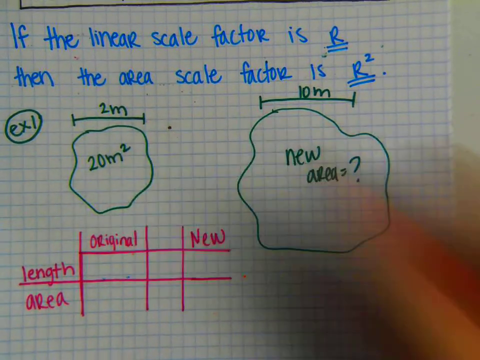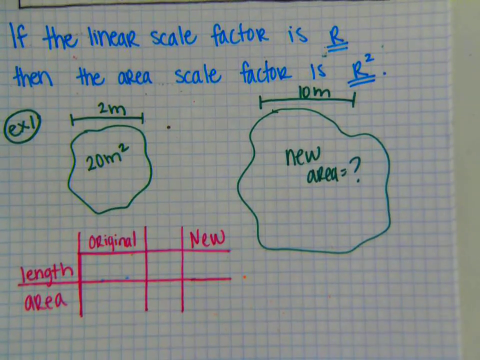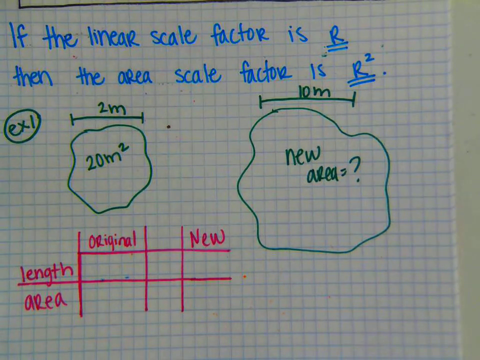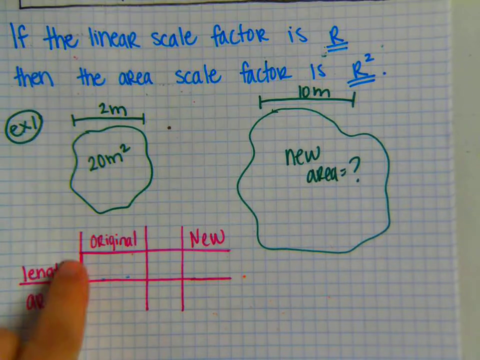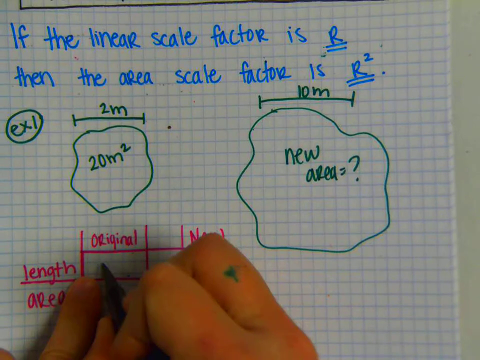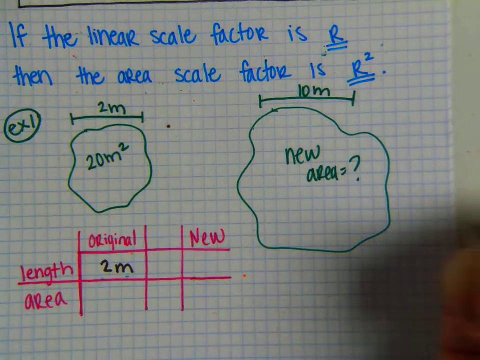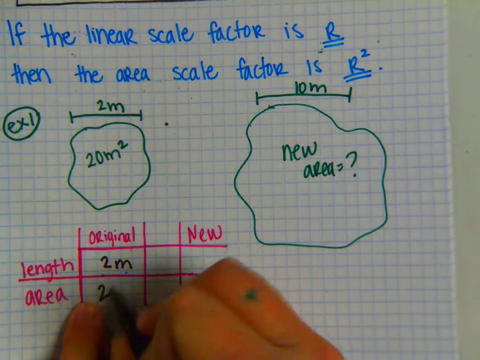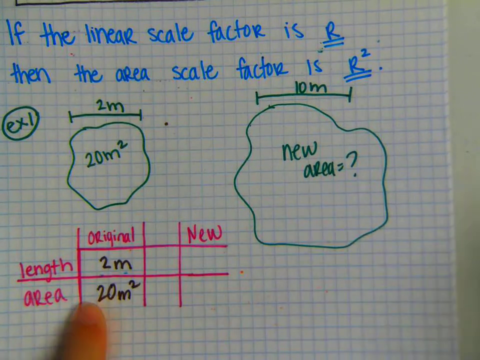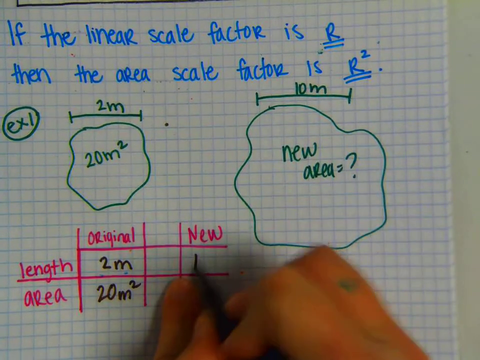Okay, and we're going to put any information in that we know. We know that the length of the original is 2 meters. The area of the original is 20 meters squared. And then we know that the length of the new one is 10 meters.